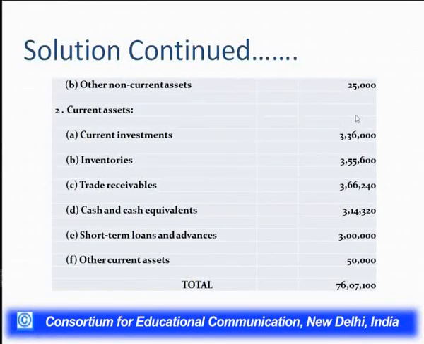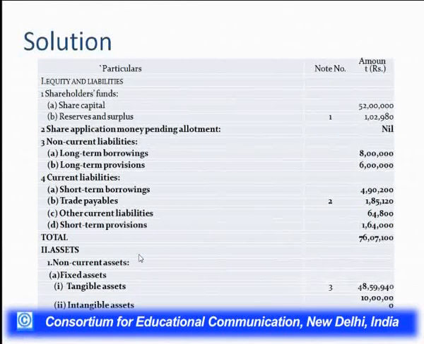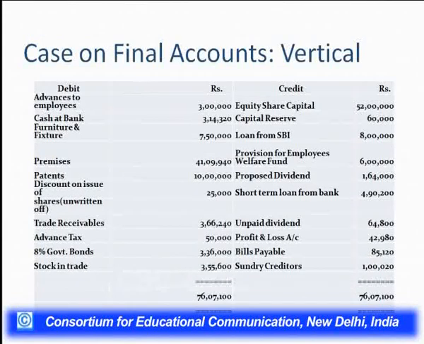So, other non-current assets are there, and then in the current assets we shall be showing current investment, inventories, trade receivables, cash and equivalents, short term loans and advances, and other current assets. It means what is left. Now, you should be able to look at how we got 48 lakhs 99,940.